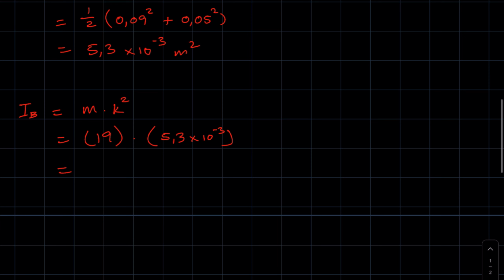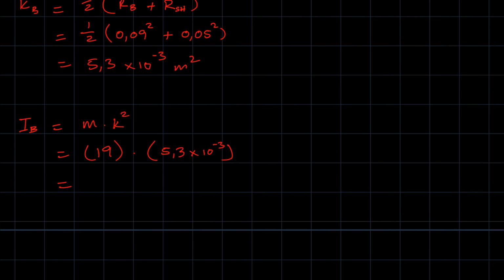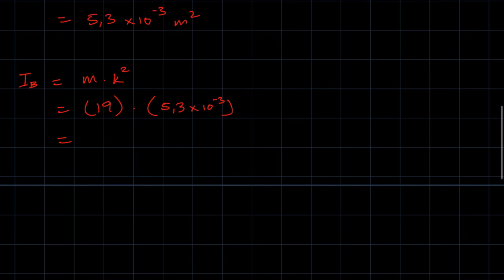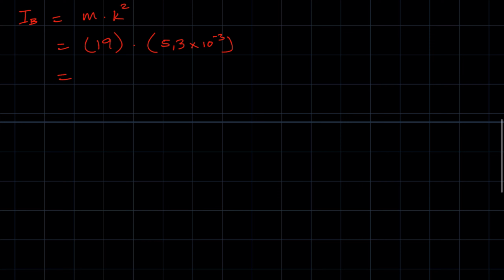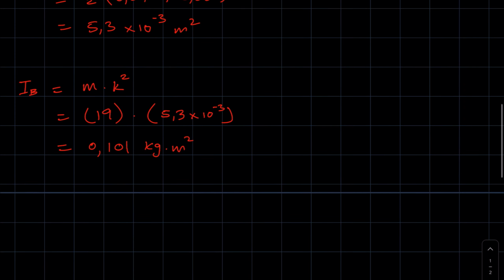Now remember that our radius of gyration is already squared, so we already have K squared. When you calculated this, it is equal to K squared and not just K, meaning we substitute this exactly as it is. Now if you punch this in calculators, we are going to get 0.101 kilogram meter squared. Now we are done with the boss.